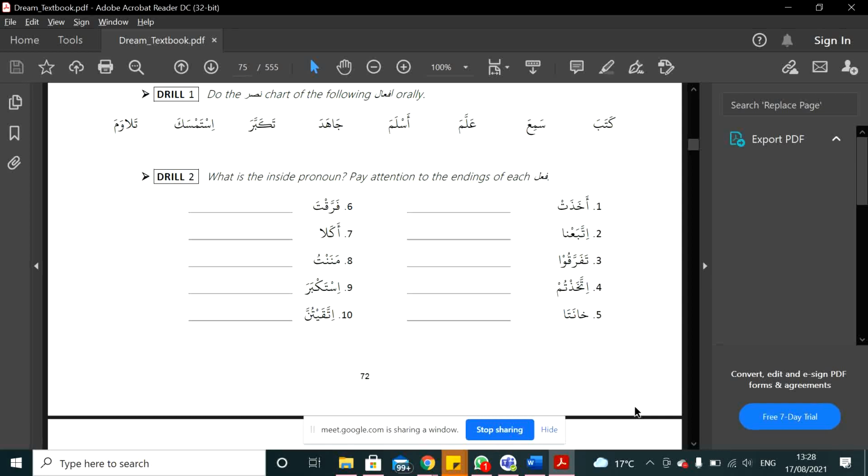Huwa akhaza. Huma akhaza. Hum akhazu, with the long sound. Hiya akhazat. So we have a match. Hiya akhazat. So what's the pronoun here? Hiya. Hiya is the pronoun in akhazat.